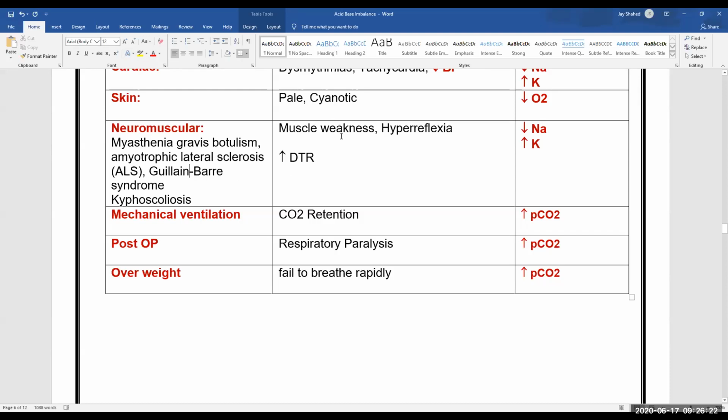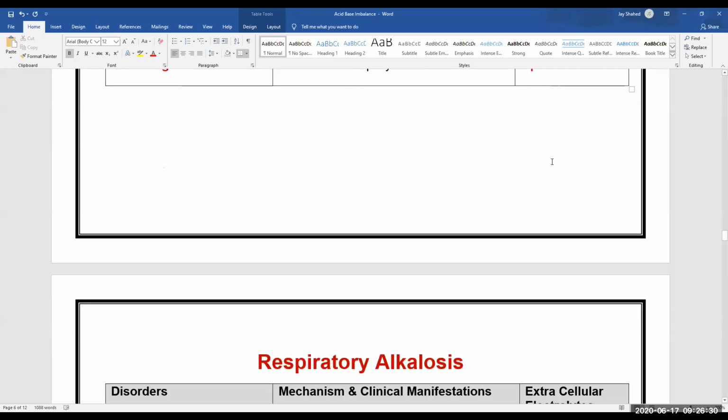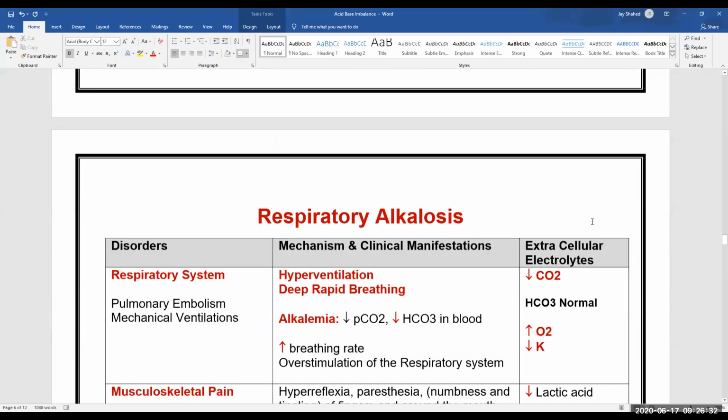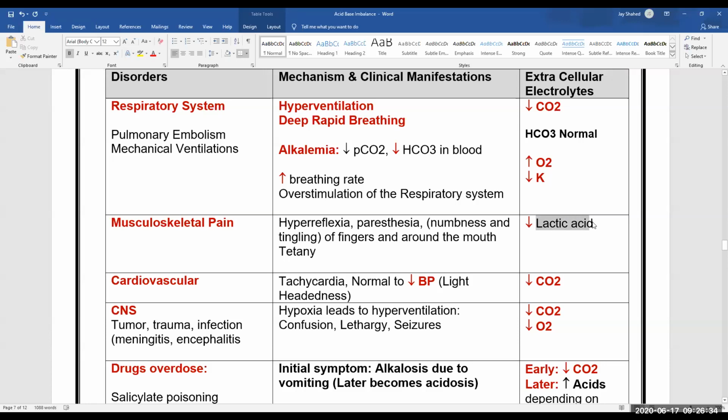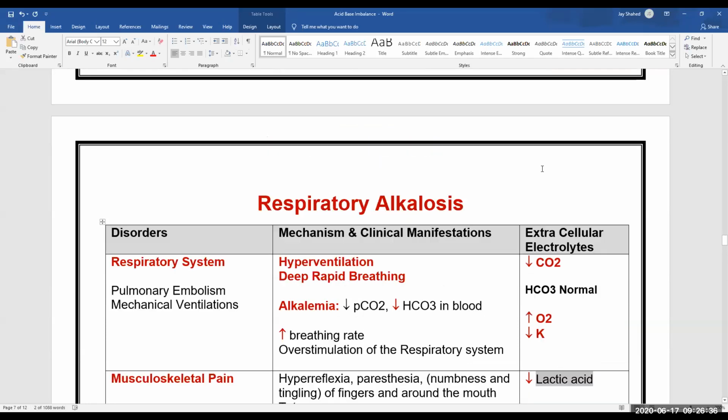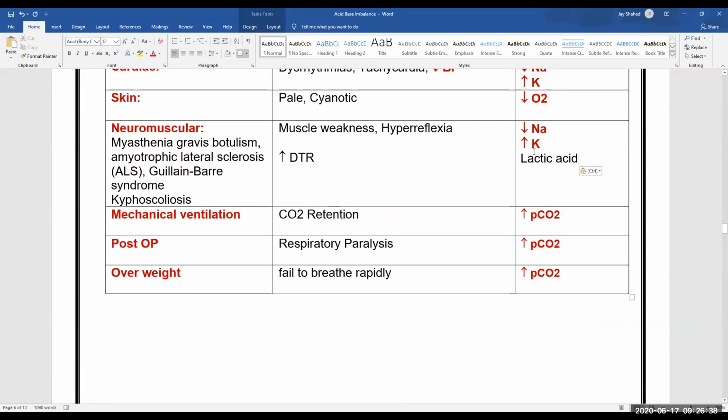And with muscle weakness, you have an increase in lactic acid, and that's how you become acidotic with that type.